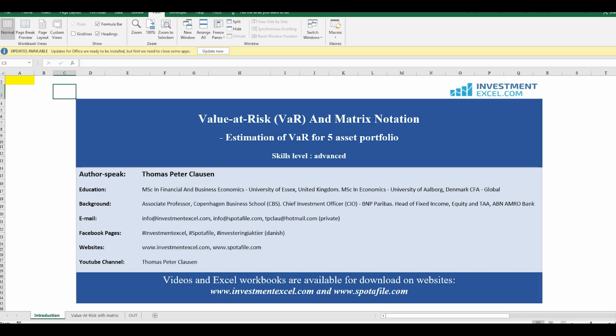This topic is slightly advanced, and if you're not familiar with matrix notation or standard deviation, I would suggest that you look at some other sessions we have on investmentexcel.com that are more in the standard area, more basic.